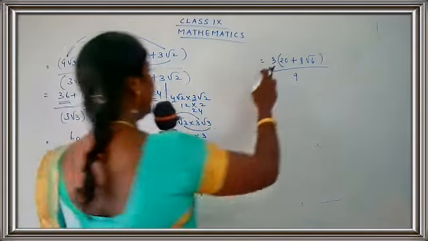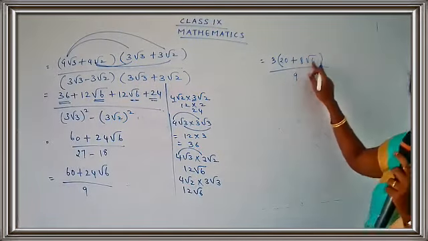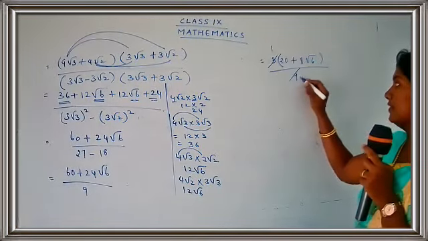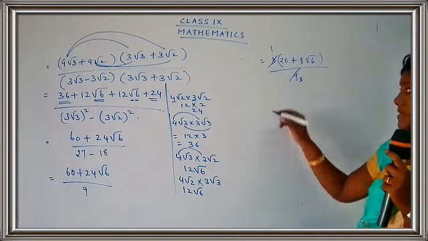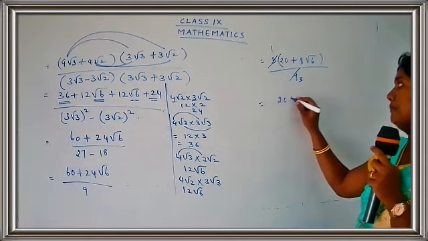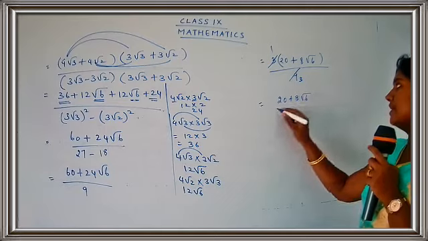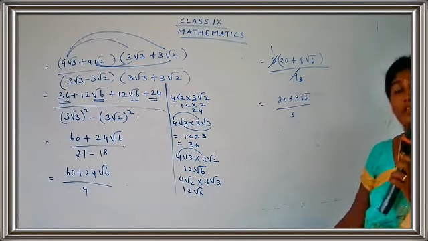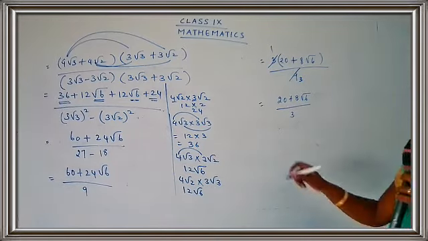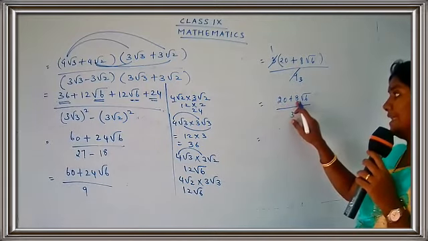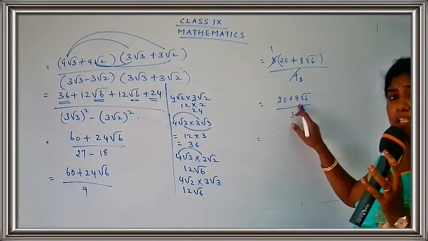So you get 3 into 20 plus 8 root 6. 3 threes are 9. So what is the answer? The answer is 20 plus 8 root 6 upon 3. Still, it can be simplified. Now 20 and 8 are common in the table of 4.